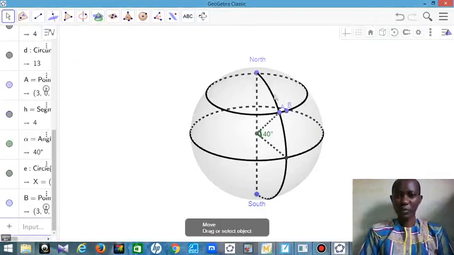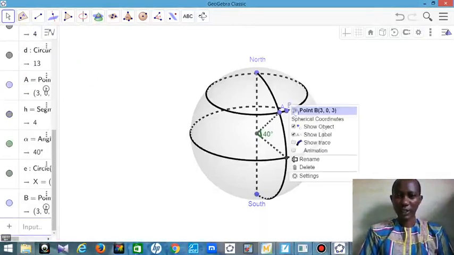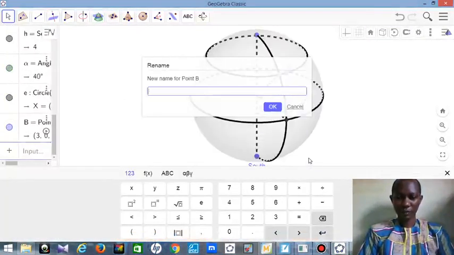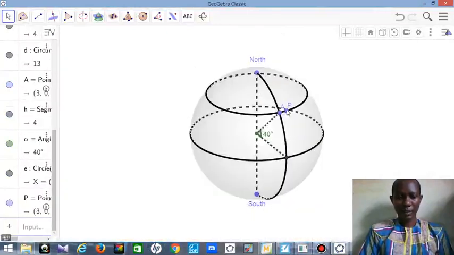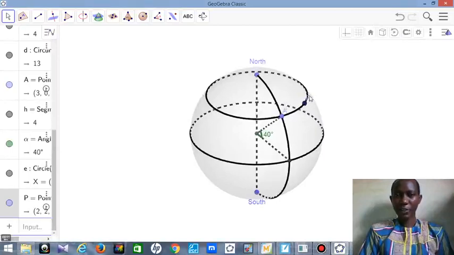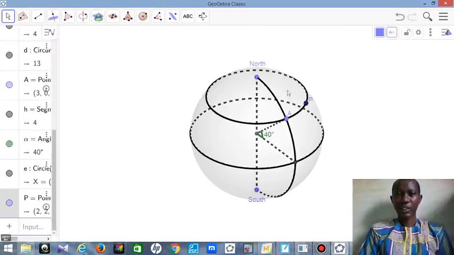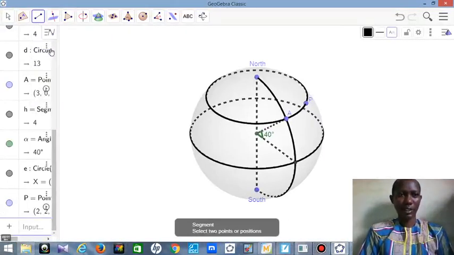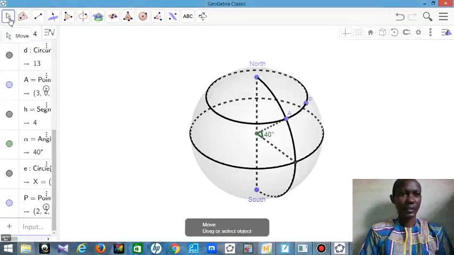So this is what I need to label as P. I need to rename this as P now. Then you can see it will now move 38 degrees towards east. Let me put the angle so that you can see it well.